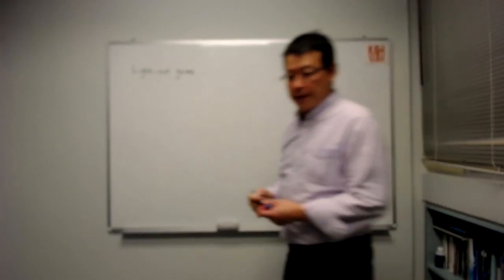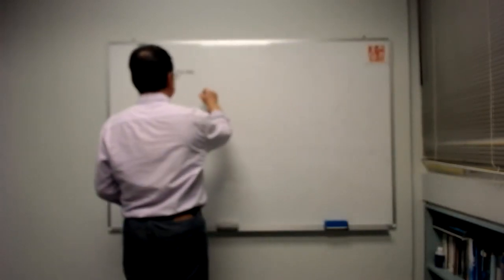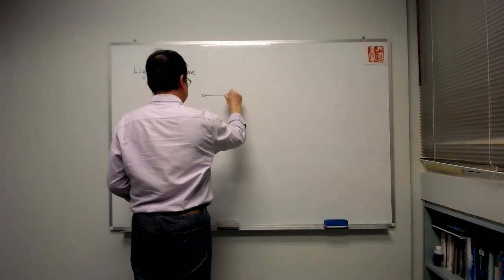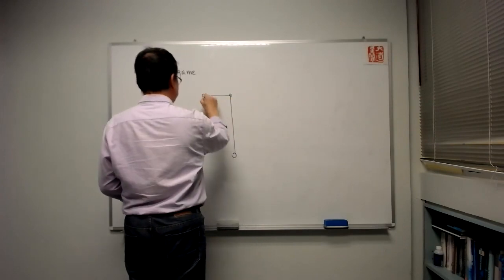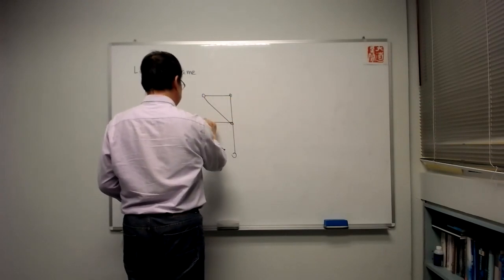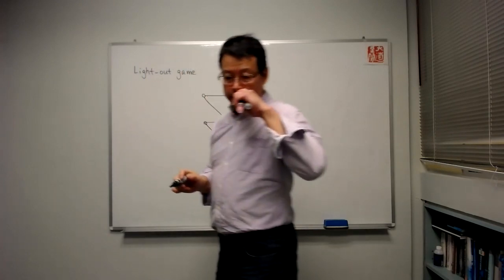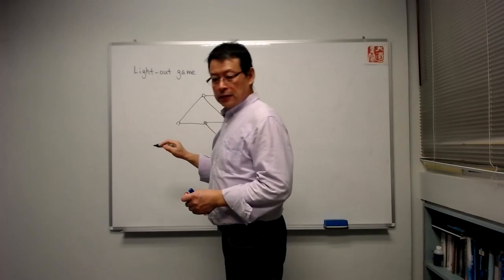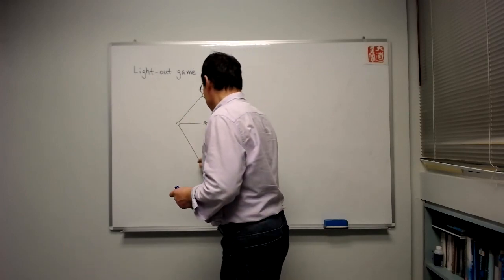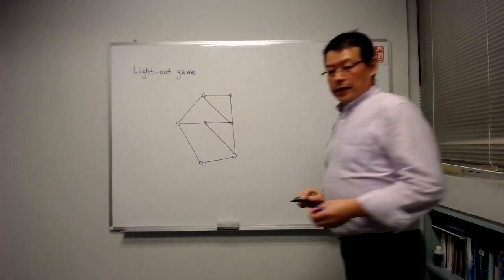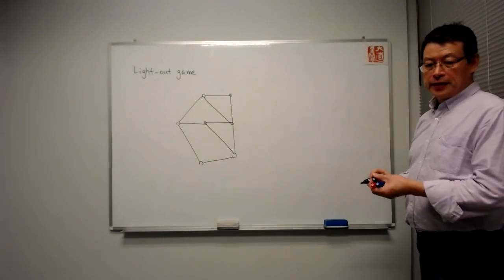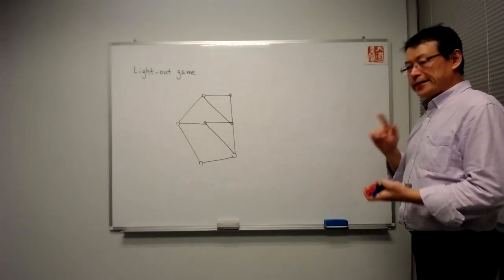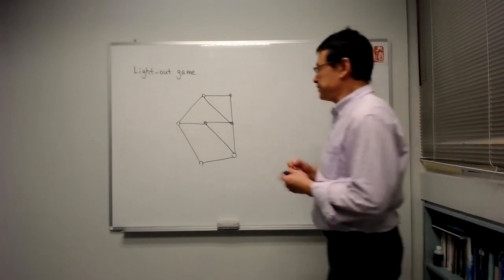So let's see. Okay, let's say the graph looks like this. Okay, that's our graph. All right, so initially all lights are on. So we consider this special case.